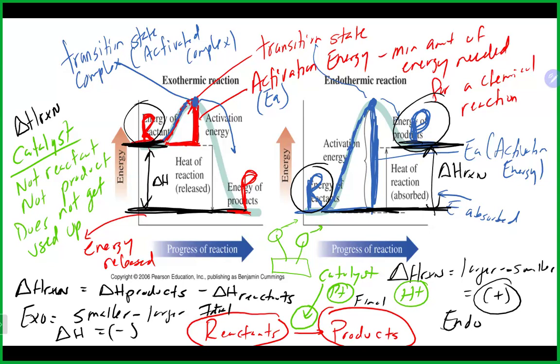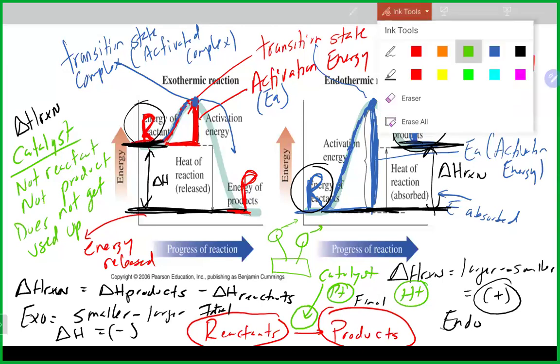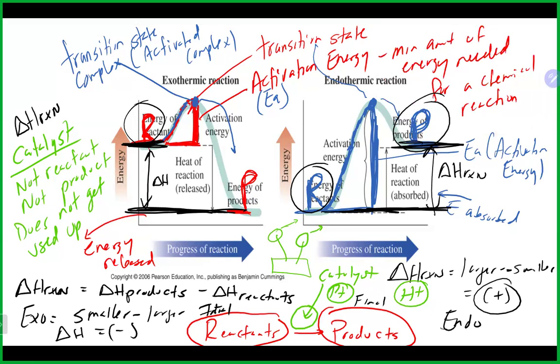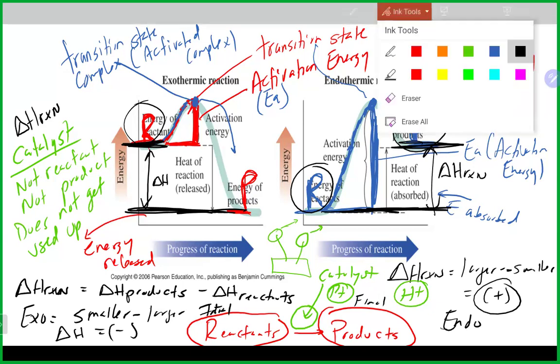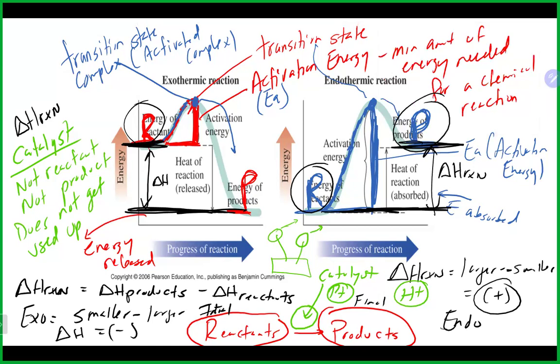The ultimate result when we look at our energy diagrams is that if you add a catalyst to a reaction, you will typically see the activation energy lower. So instead of having to climb the top hill, you will have a much smaller hill to climb.